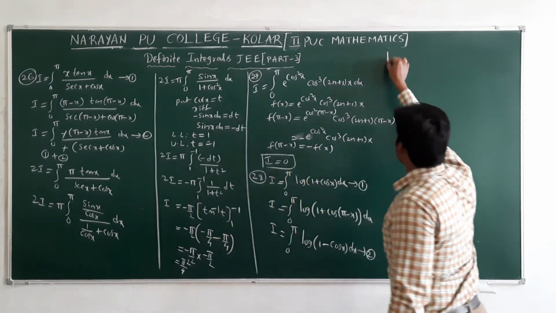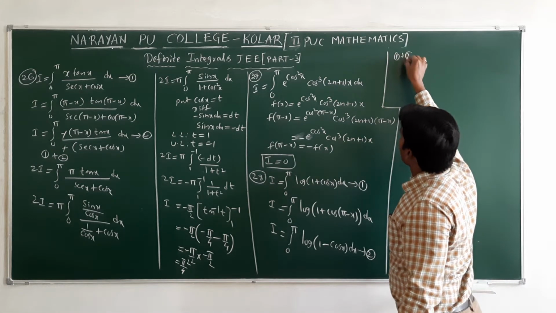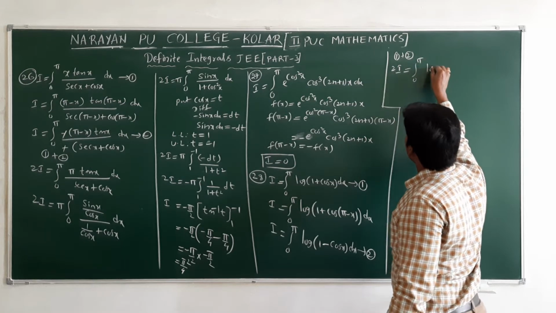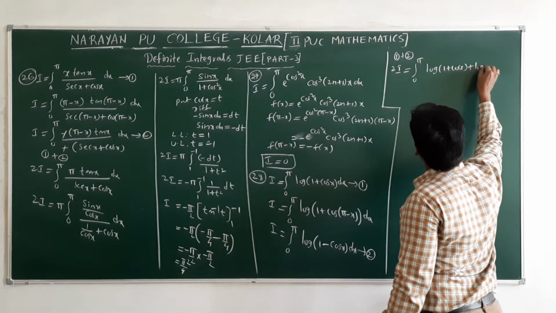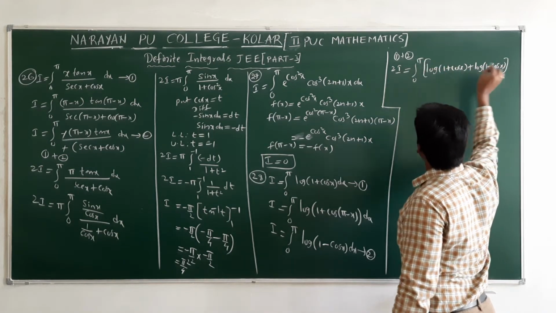Now I'll add these 1 and 2 equations. By adding 1 and 2, the left side will get 2I. The integral limits are the same. Now log of 1 plus cos x plus log of 1 minus cos x into dx.